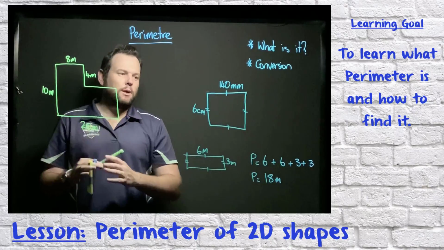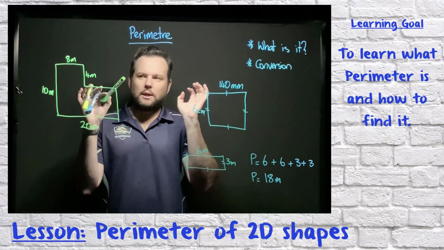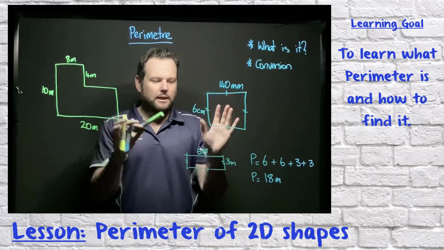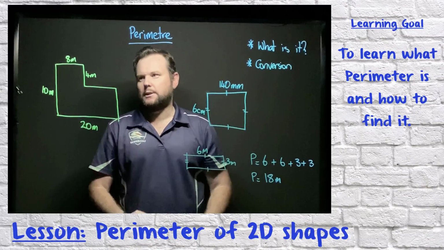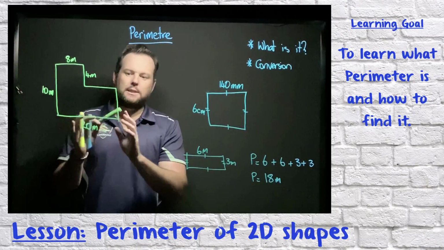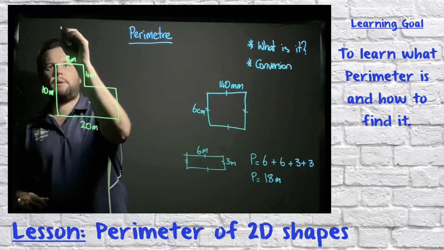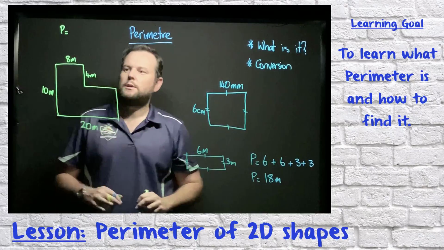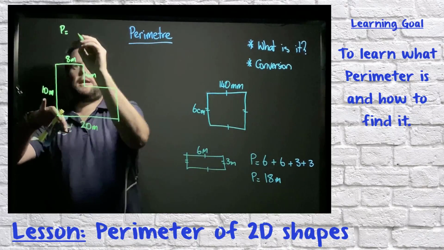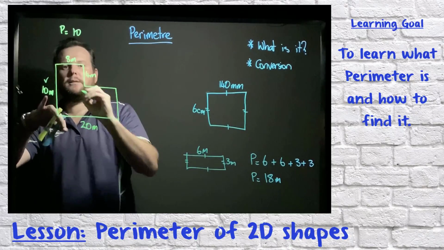So let's have a look at this one here. I put these two here because they're different in the fact that they're not straightforward like this one. This one here has missing lengths. So if we have a look at this and we're finding the perimeter of this shape, let's just write P equals. Okay, so I've got a 10, and I just like to tick these off as I go.